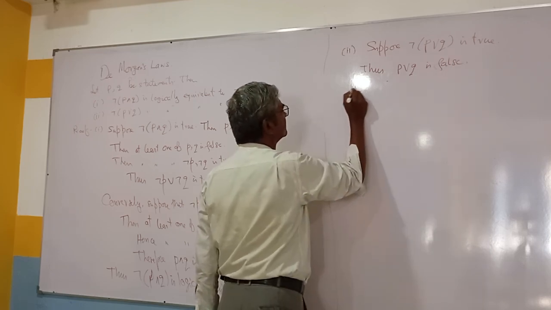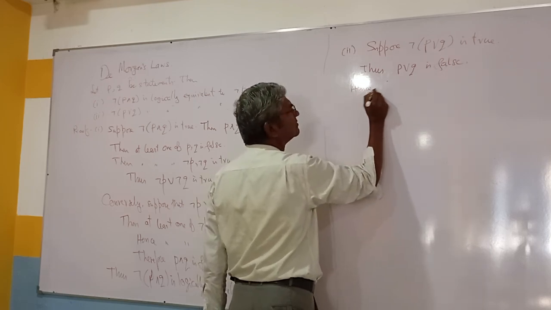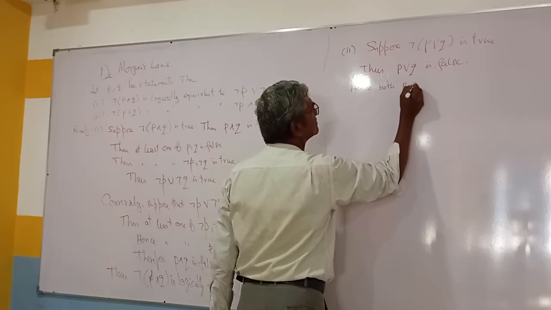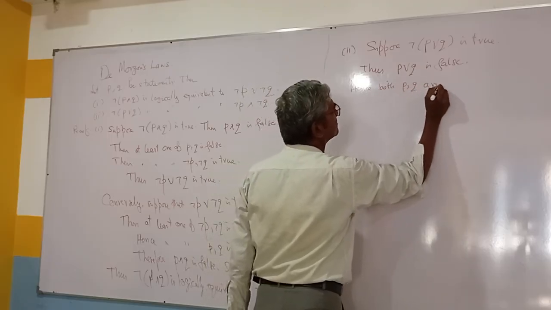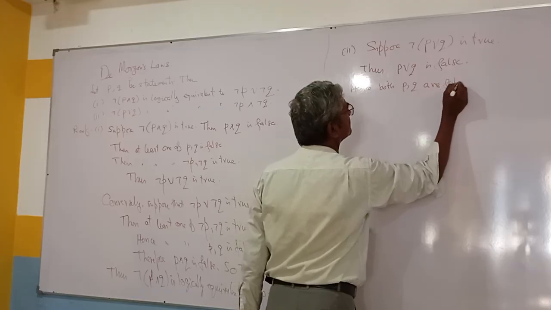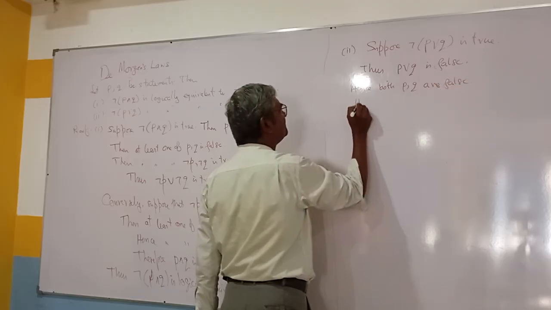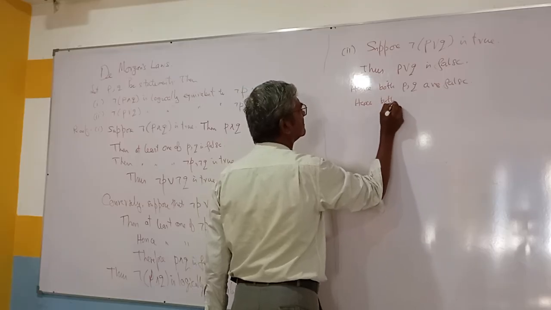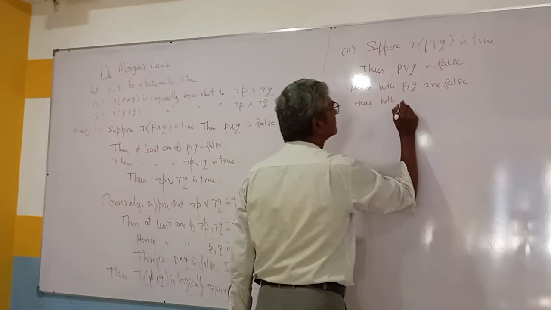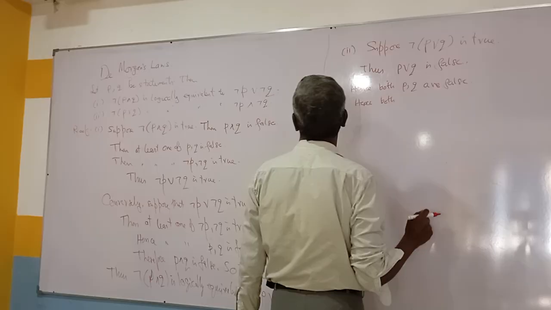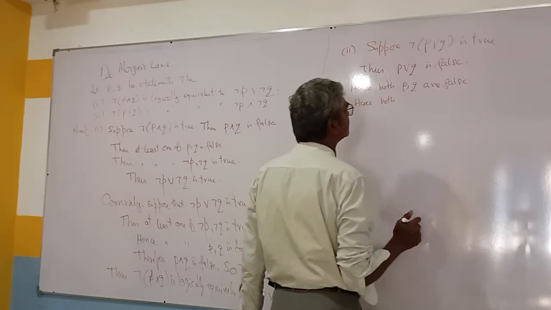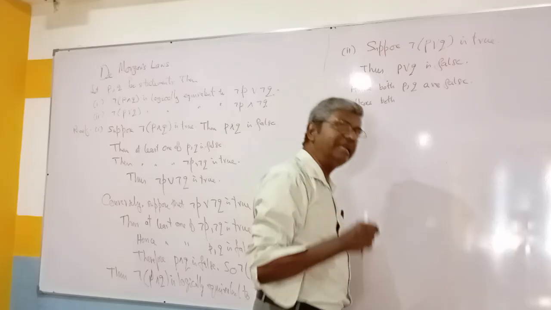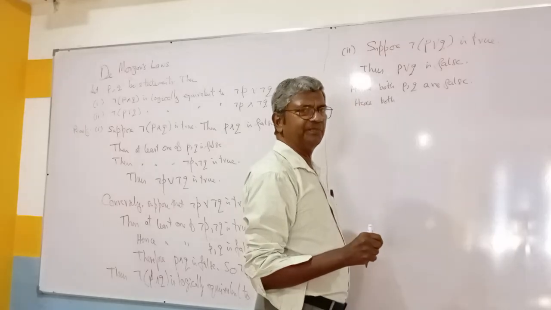Hence, both P, Q are false. Hence, P and Q is false. Is that right? No. You need to keep in mind what needs to be proved. That's important.